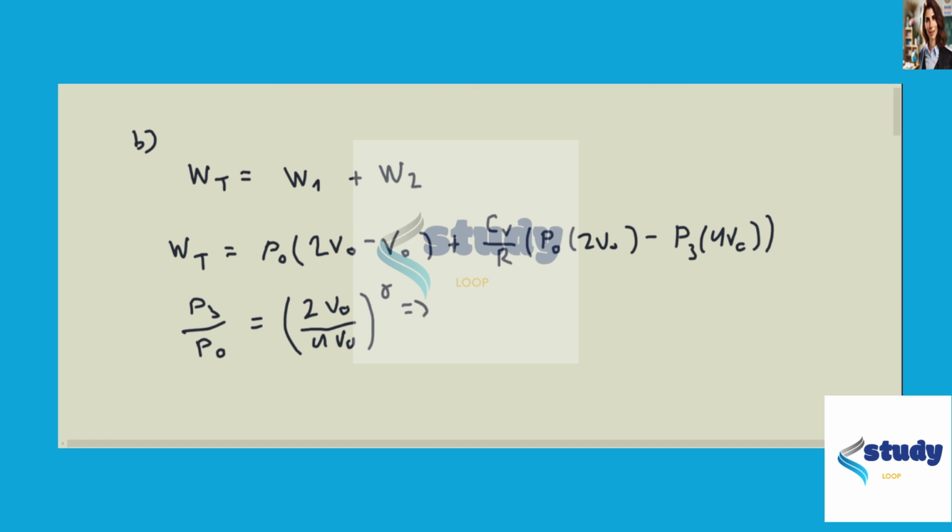So this implies that P3 equals P0 times 2V0 over 4V0 to the power gamma, where the V0s will cancel out later. This can be substituted here.